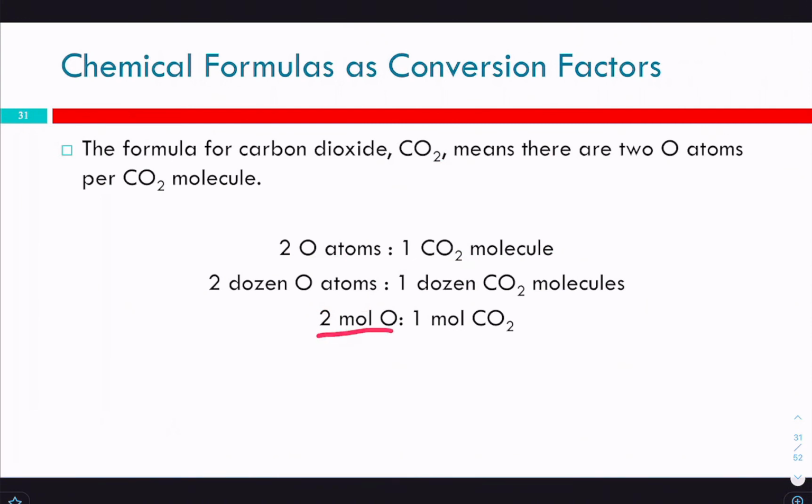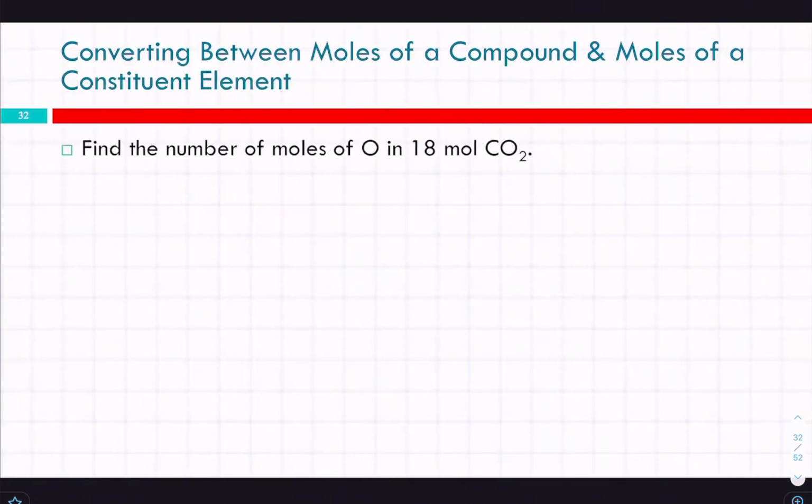Or we could even go so far as 2 moles of oxygen per 1 mole of CO2. And so really what we're doing is looking at the formula and seeing that there's 2 oxygen atoms in every CO2 molecule. So 1 mole of molecules multiplied by 2 gives you the number of oxygen atoms, or moles of oxygen.